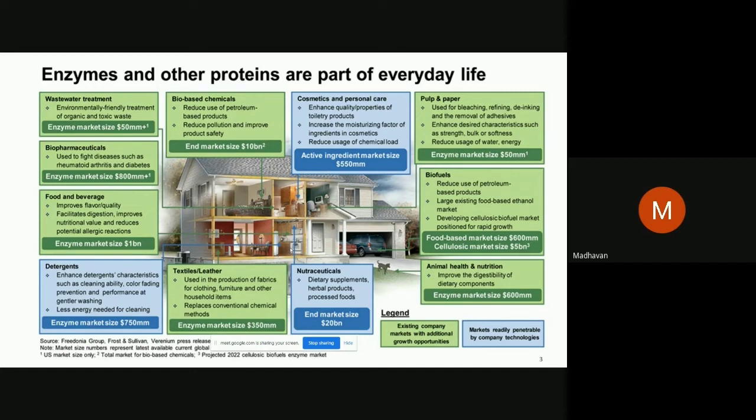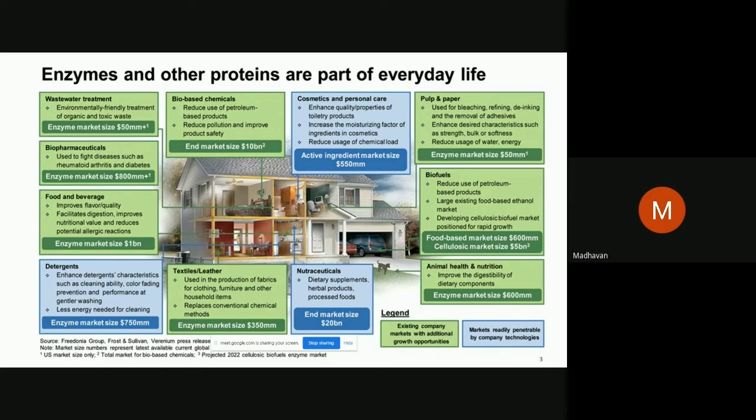It has become very prominent, especially in many countries, with more enzyme-based detergents and use of biofuels or bioenergy, where enzymes play a key role, and also in textiles, nutraceuticals, food, and beverages, everywhere.